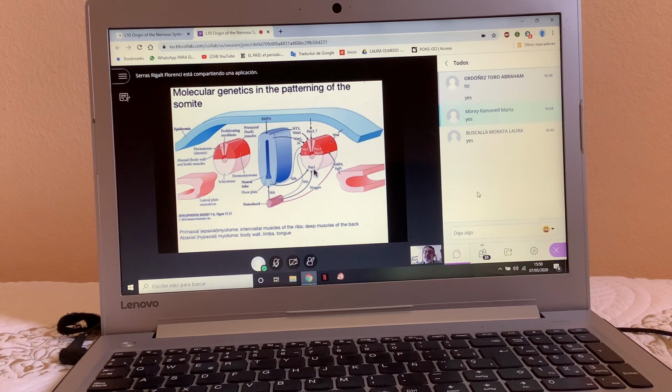Master genes are genes that when they are activated, when they are on, a particular lineage is going to be activated. So PAX1 is going to be activated, and this is going to be very important for the differentiation of the chondrocytes.